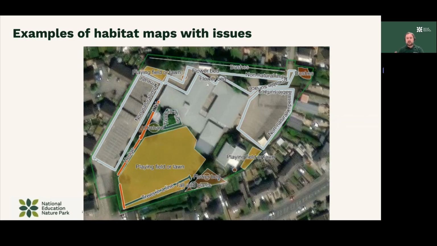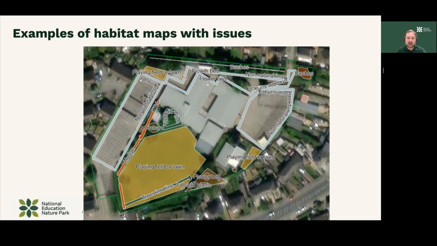Now, for the purposes of the habitat mapping data set that you and your learners are creating, but also when you're working with your data down the line, the only data that is counted is the data that's covered by this line right here. Same for the playing field or lawn, it's the data that's under the color that is being counted.